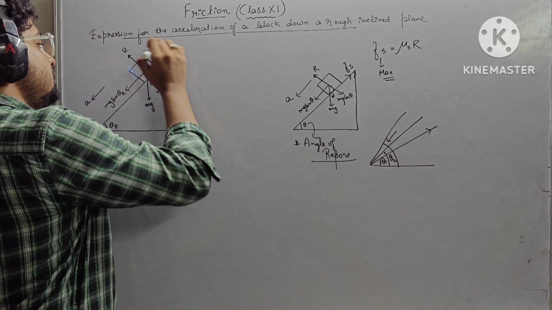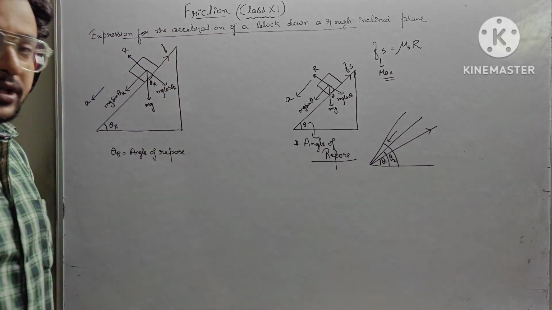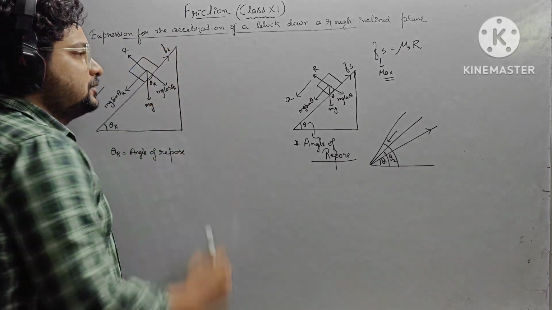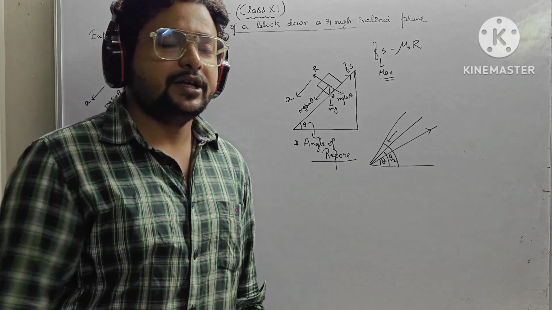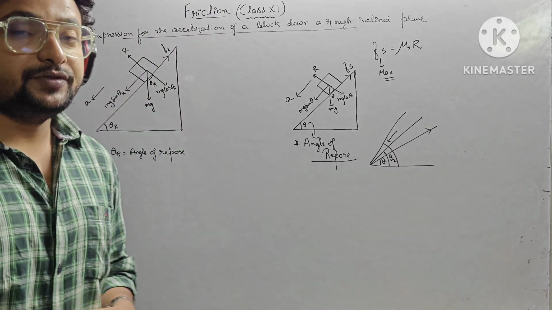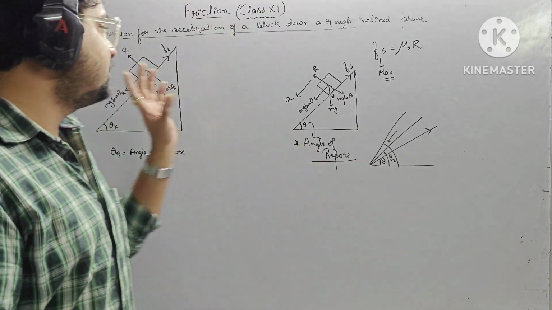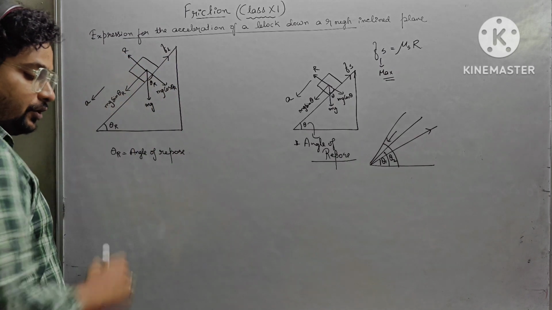This is R. Remember, there is also a frictional force acting. I am calling it limiting friction; in some books you will see static friction. Why limiting friction? Because limiting friction is the friction which acts when a body just begins to move. So these are the forces acting on the body.